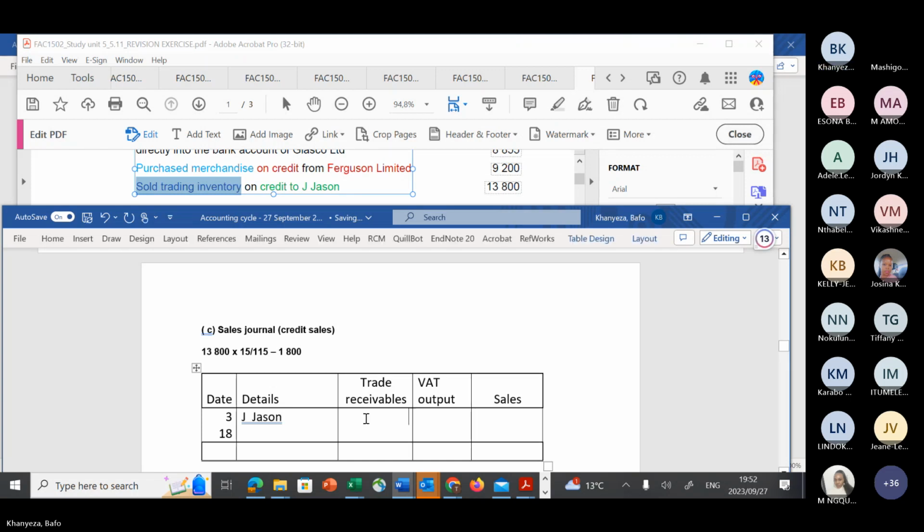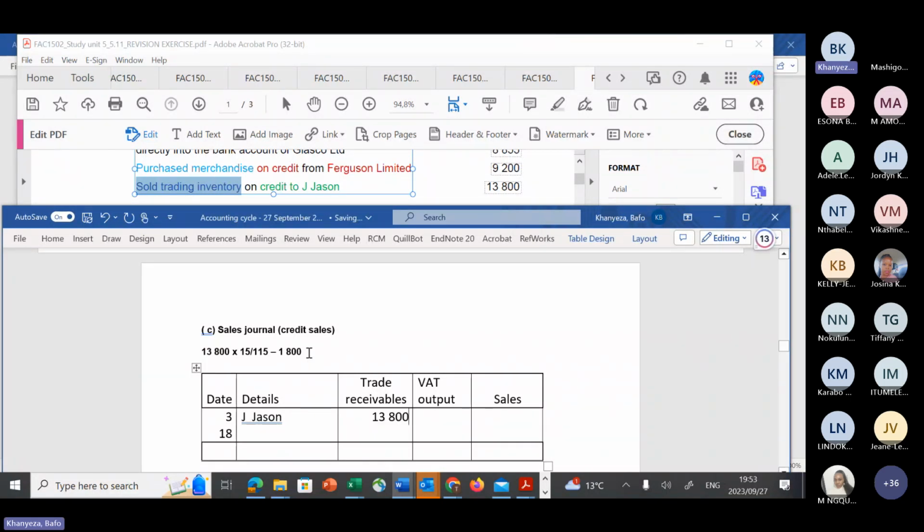So the balance is, I just want to write this for you because sometimes you get confused about whether there's split VAT on the balances. Balance sheet items do not split VAT, whether it's a bank balance or otherwise. It goes as it is, 13,800.